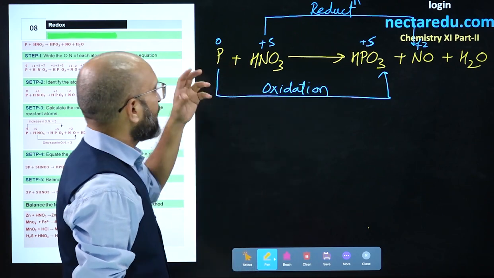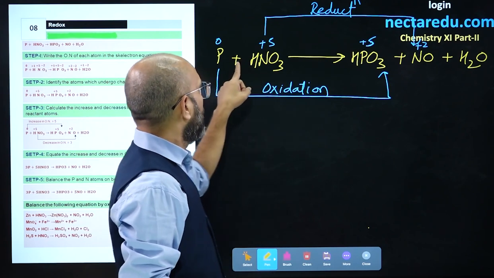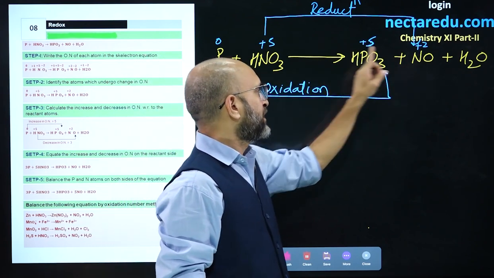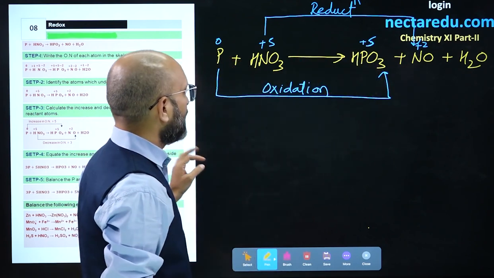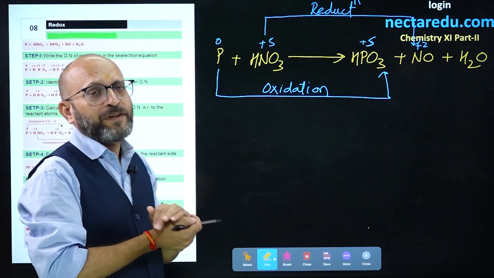Now you can see we have one phosphorus atom on each side, nitrogen same, and we have to see what is happening with hydrogen atoms. We have one here and 2 plus 1, 3 hydrogen atoms on this side. Now we have to make the increase in oxidation number equal to the decrease.